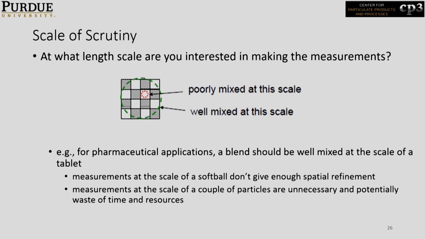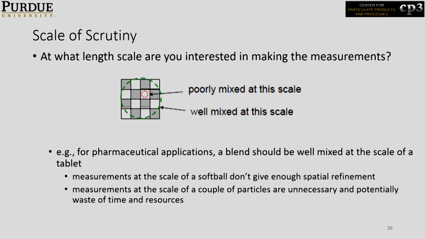Okay, so the scale of sampling or subsampling or scrutiny that is needed. When you increase the scale, your uniformity goes up, right? But when you reduce the scale, your uniformity might go down, right? So the scale will again depend on your process.